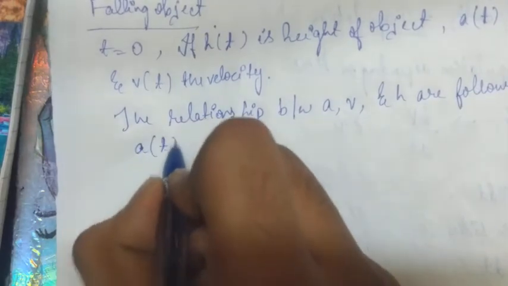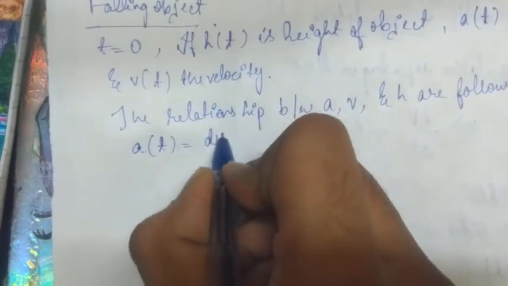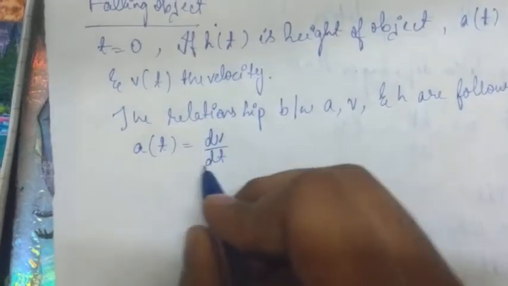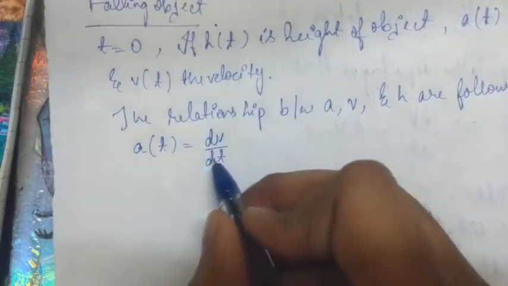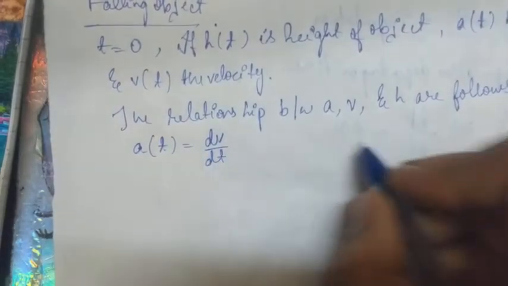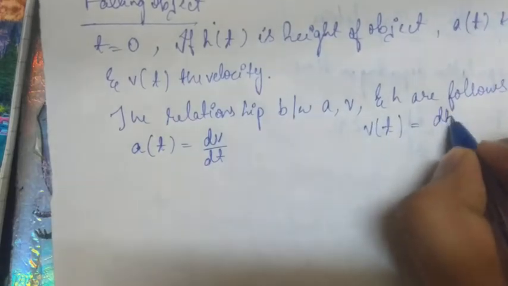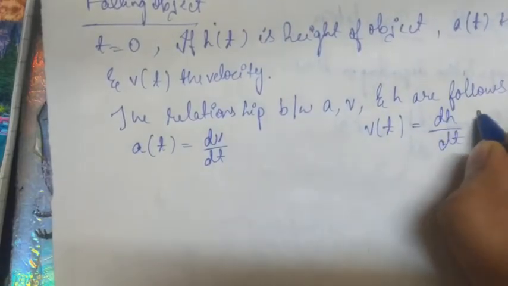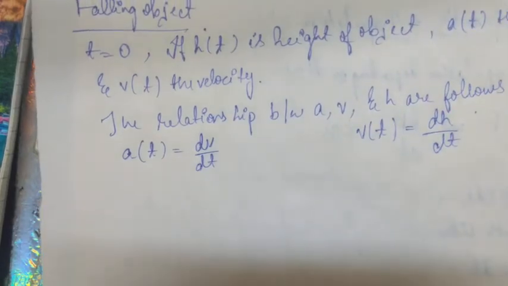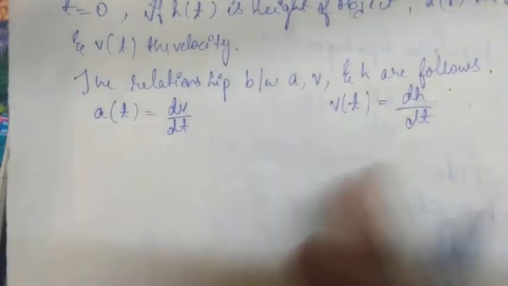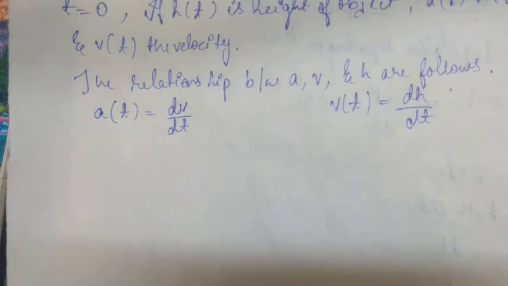That is, a of t is equal to dv by dt, the rate of change of velocity with respect to time, and v of t is dh by dt, the rate of change of height with respect to time. We got this from our definition of velocity and acceleration.